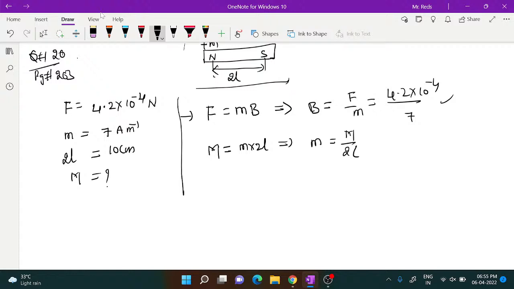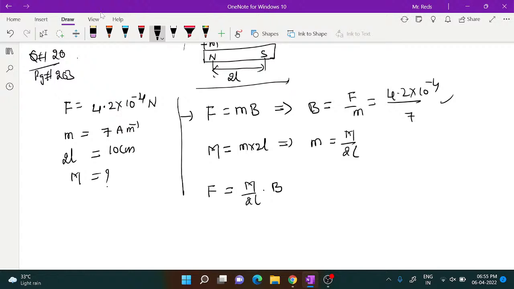M by 2L, then you can express the force as nothing but M by 2L into B. This is only right.